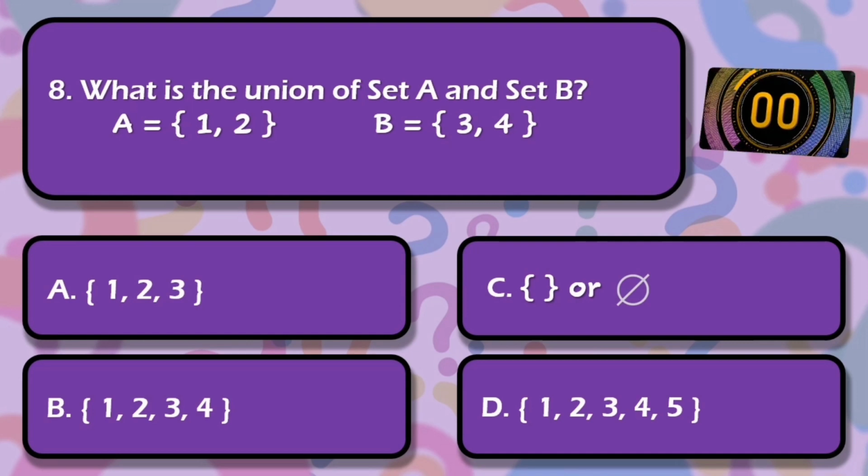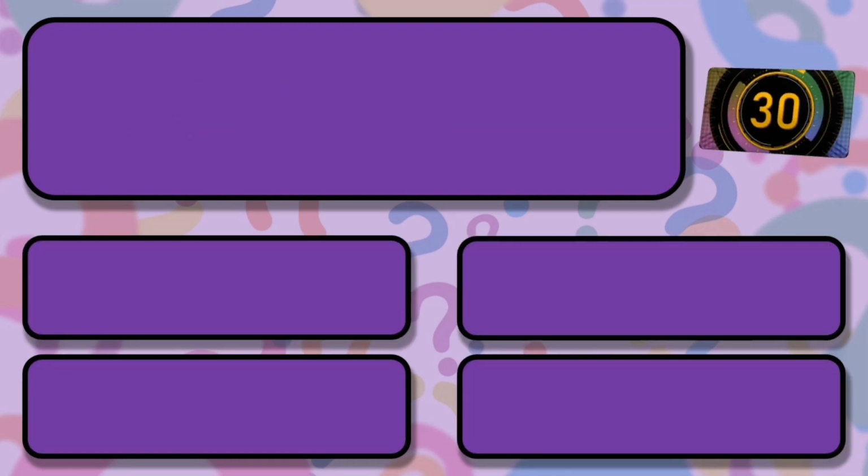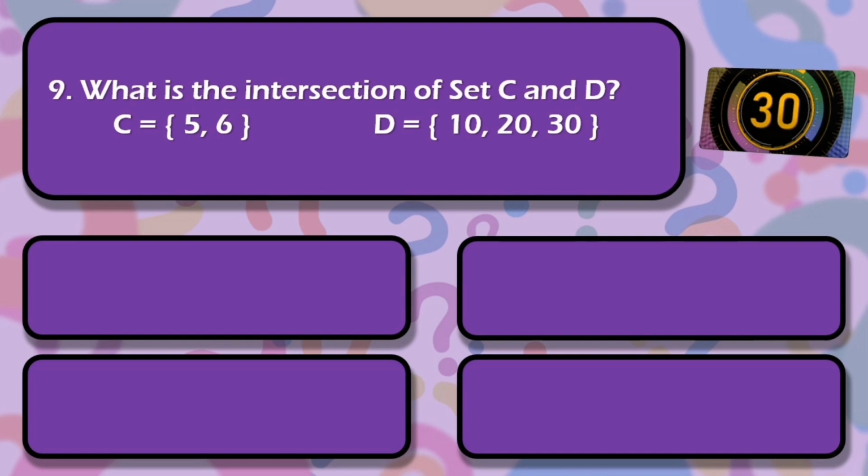Correct answer is letter B. Number 9. What is the intersection of set C and D?